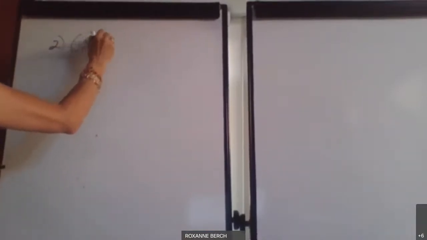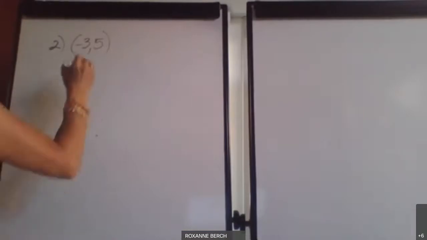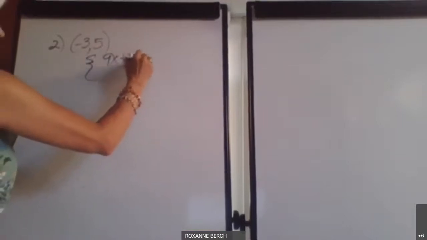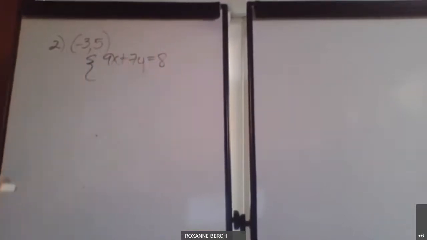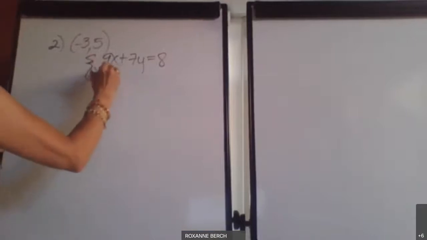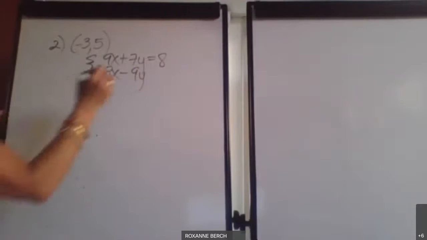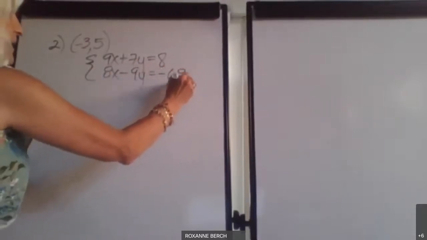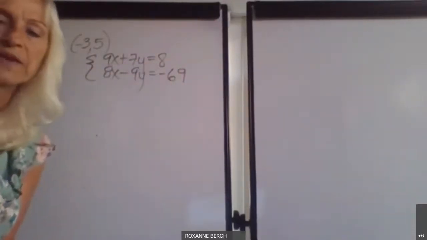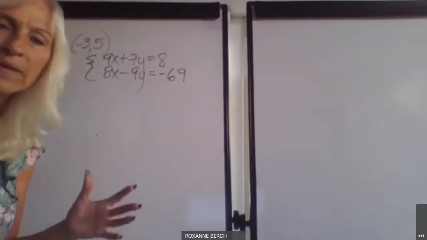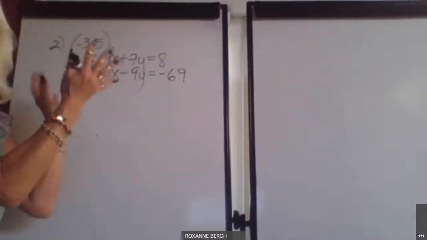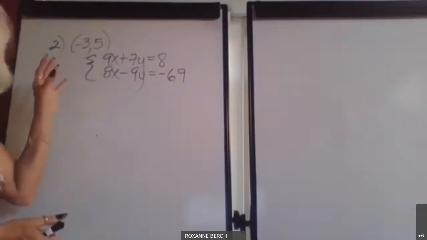What they're giving you is the ordered pair (-3, 5), and they want to know, is this a solution to this system: 9x plus 7y equals 8 and 8x minus 9y equals -69? Before we do this, can you guys just tell me what you're going to do to do this problem? How do you know?